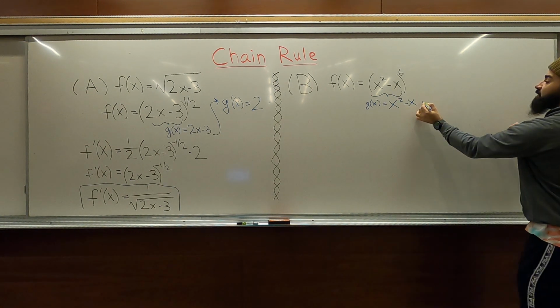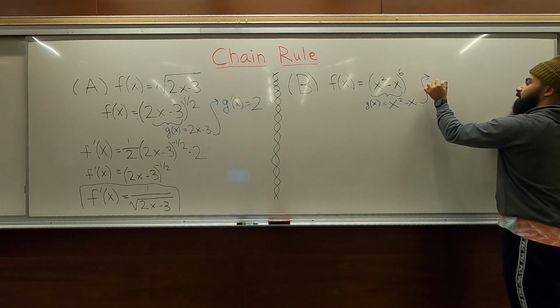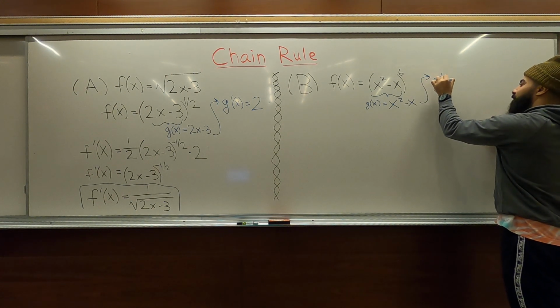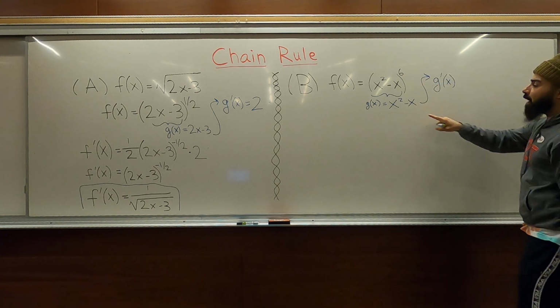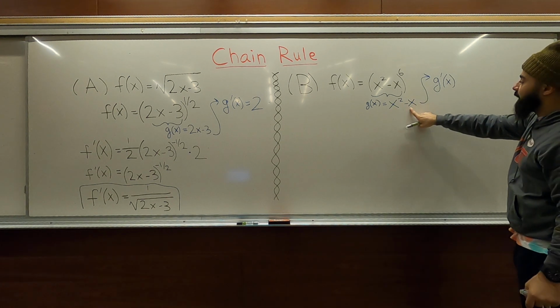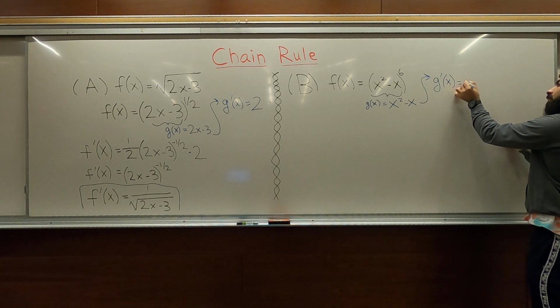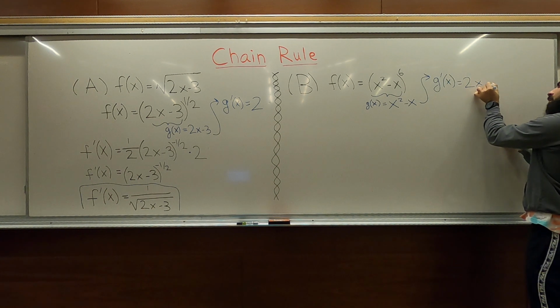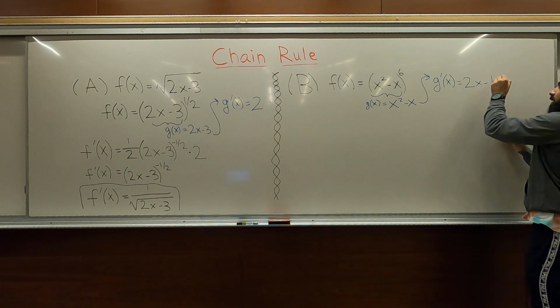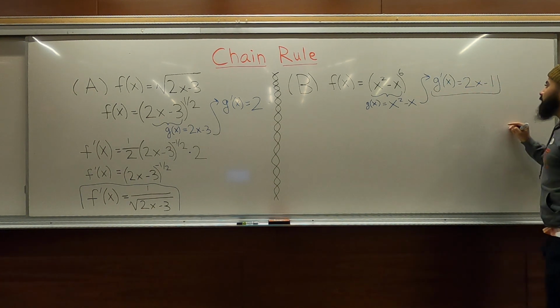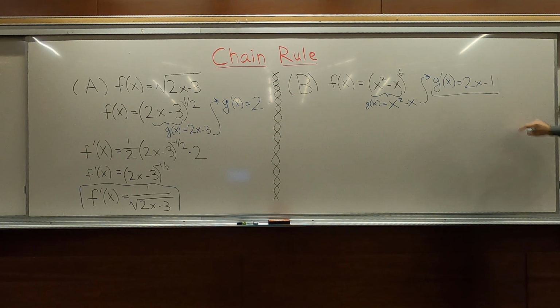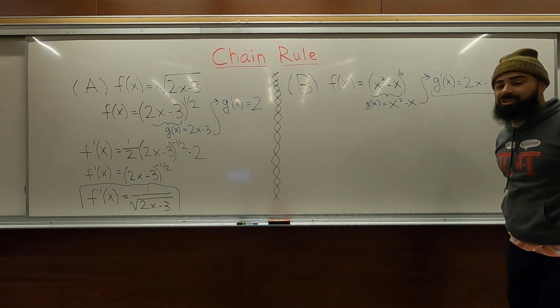So it'd be nice for us to know what g prime of x is. g prime of x, when we apply the power rule, becomes 2x minus 1. Okay? And we'll just leave it there, the derivative of the function that's inside.